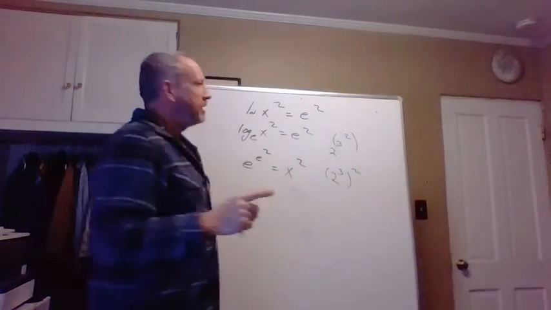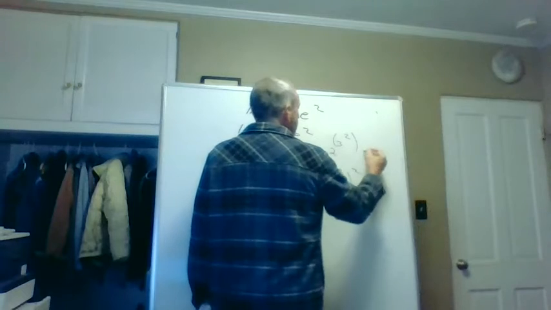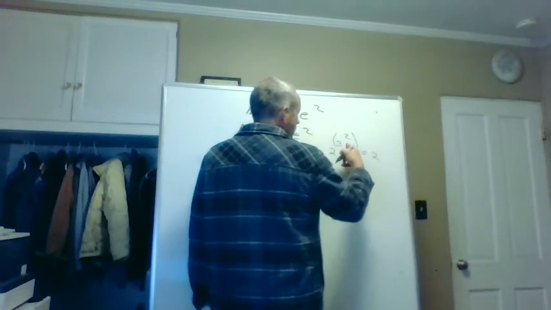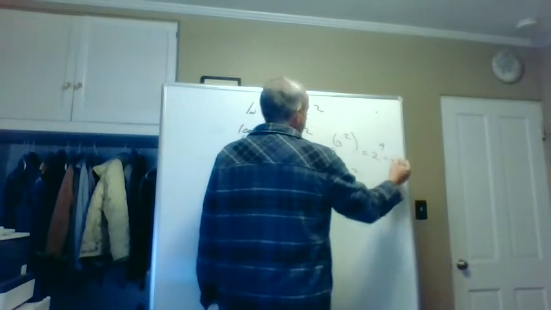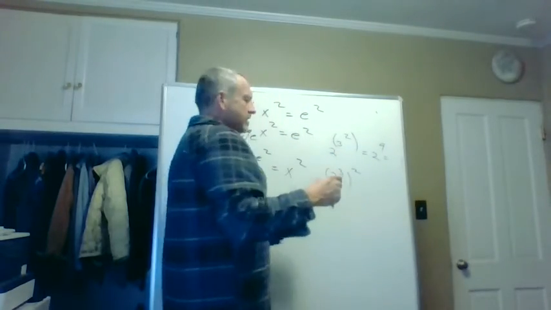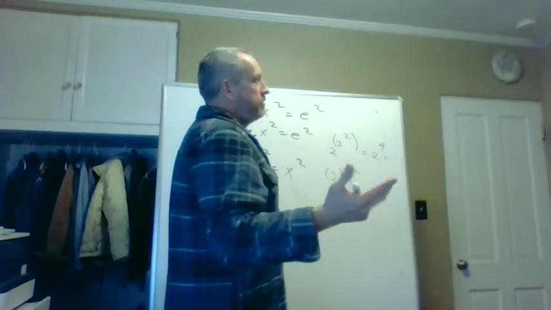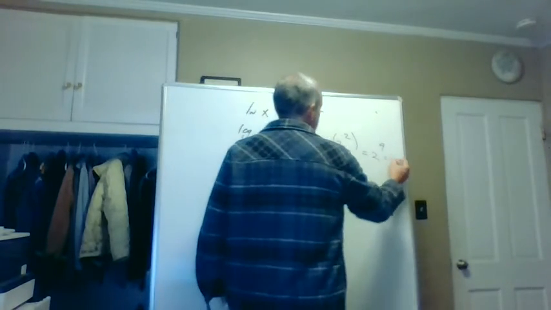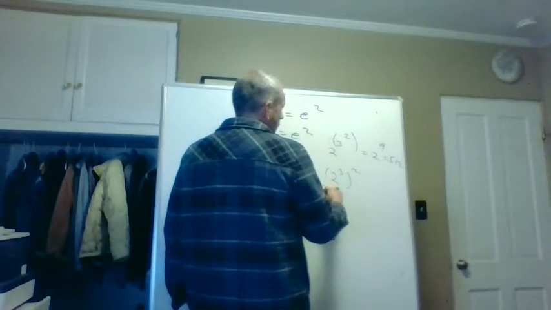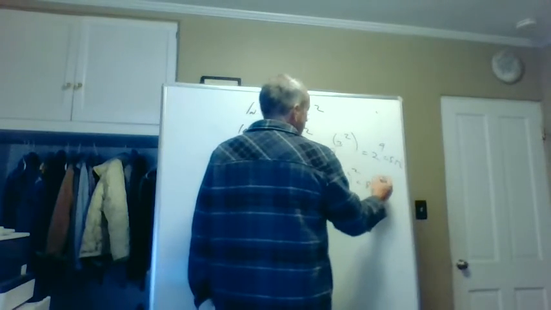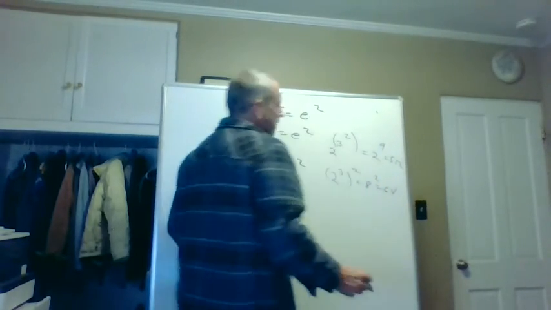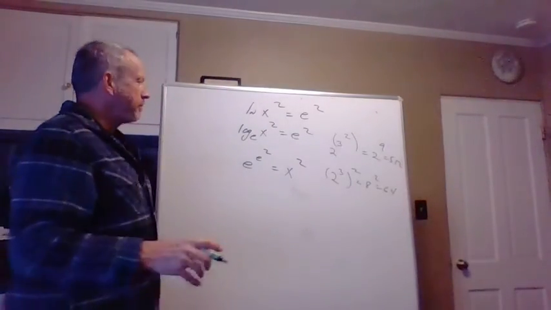They're not the same thing. So this right here is 3 squared is 9, so 2 to the 9th. And that's 4, 8, 16, 32, 64, 128, 256, 512. So that's 512. Whereas this 2 cubed is 8. This is 8 squared, which is 64. So they're not at all the same thing.